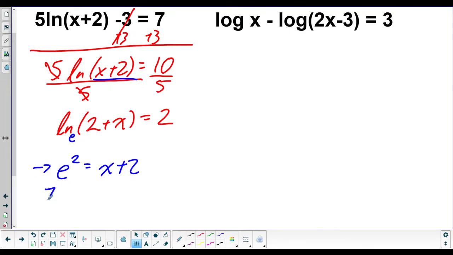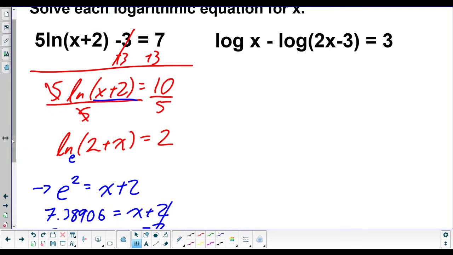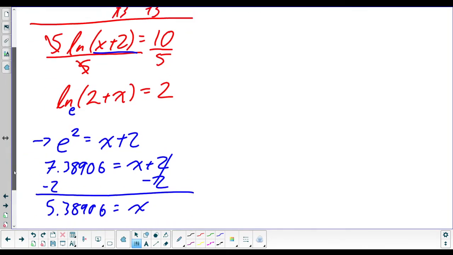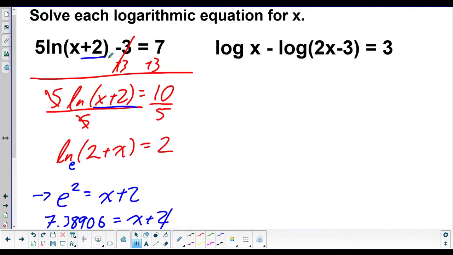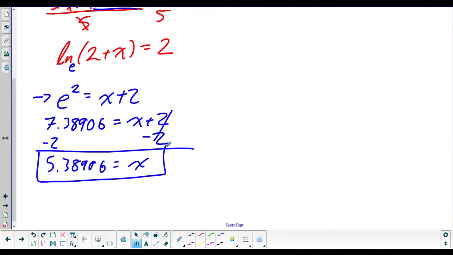Our decimal is 7.38906 equals x plus 2. And now we can just subtract 2. So 7 minus 2 is 5. Bring down our decimal. And that equals x. If I plug that in, a positive number plus 2 more will still be positive. So it's not going to be extraneous. And this is our solution for x.